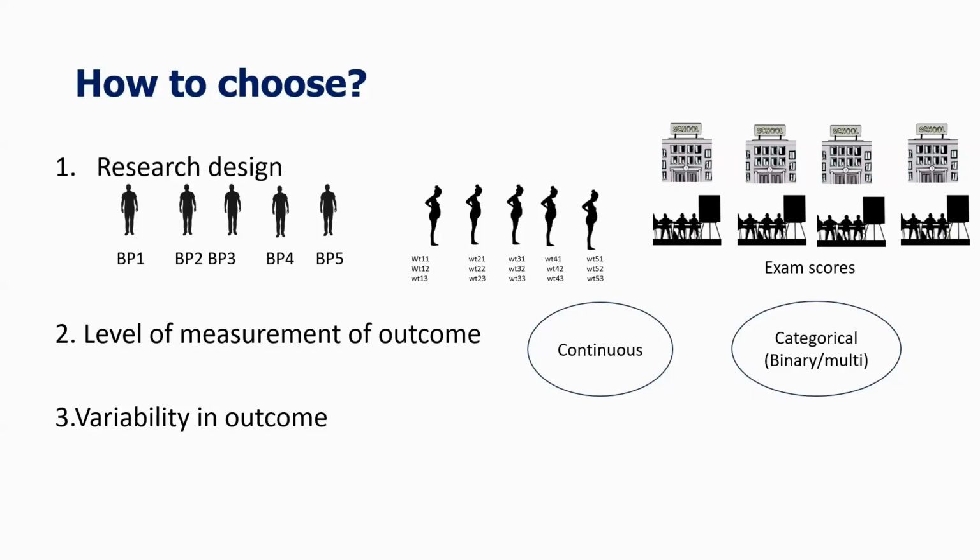And then the variability in your outcome, which is the spread and also gives you an idea of the skewness, is also a determining factor in how you first think about choosing the possible regression models.